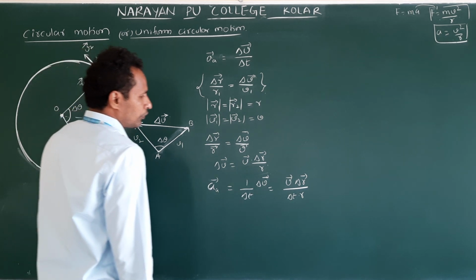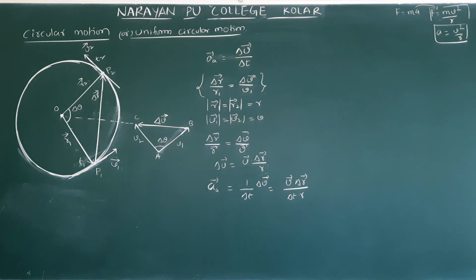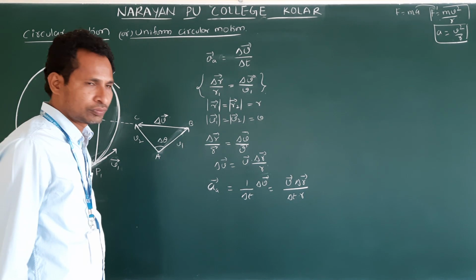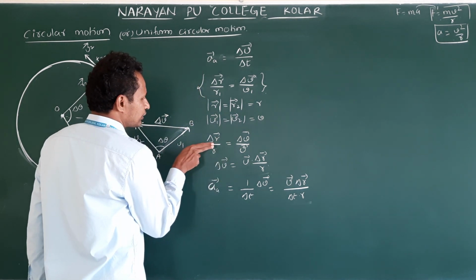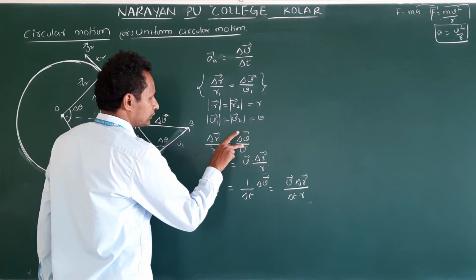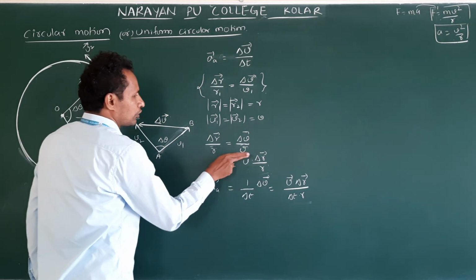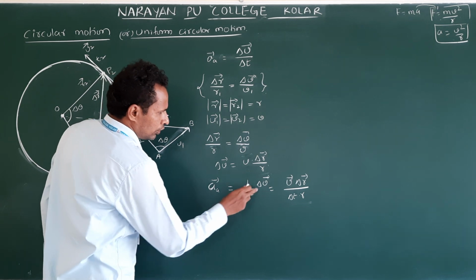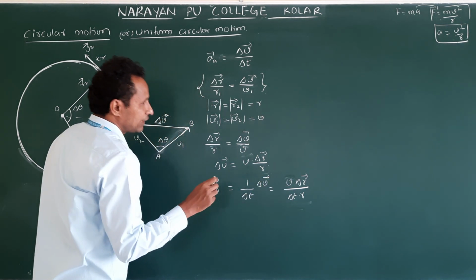Here vectors are not required, just take the magnitudes. Now this is the average acceleration.